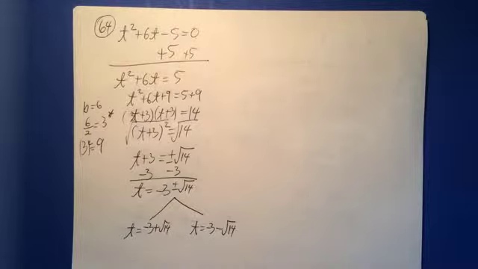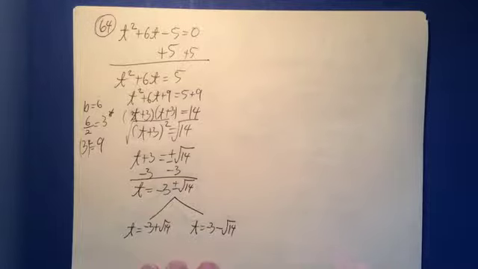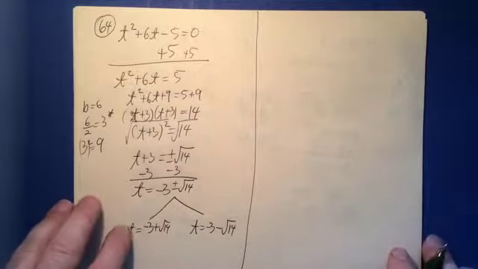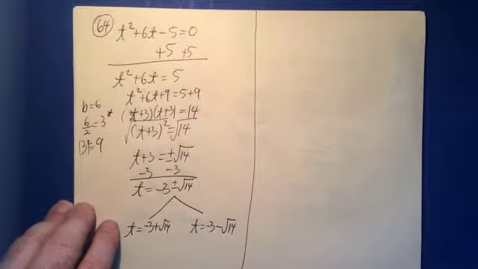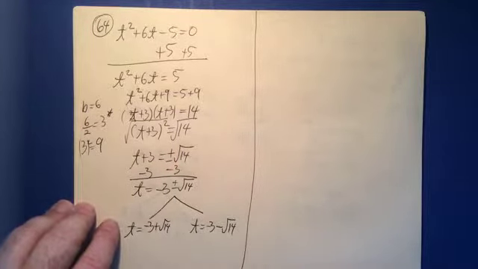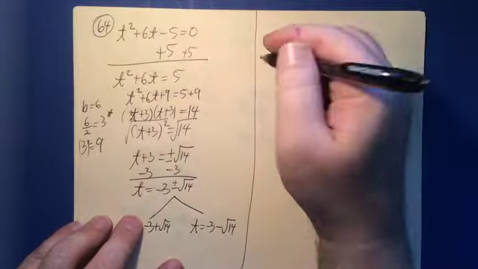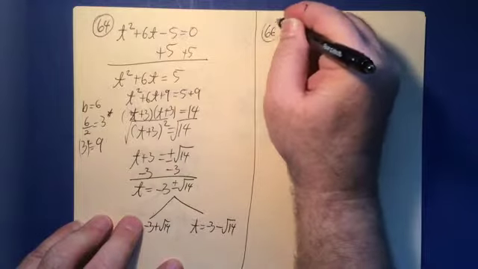So these are some basic type questions. Let's begin to take a look at some questions to continue working on completing the square. One concept we talk about here is a function. So let's say we're given a problem like 66.